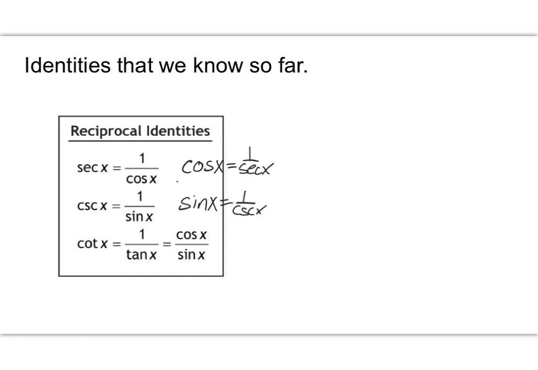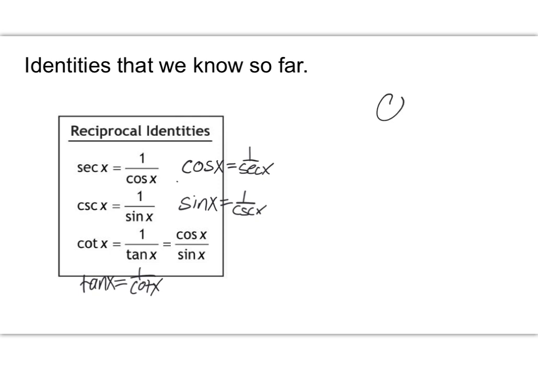And the same thing would be true for tangent of x being 1 over cotangent of x. What this means is that these things are identical, cosine and 1 over secant, or secant and 1 over cosine, but they look different, which is kind of an odd thing. So we have some reciprocal identities.